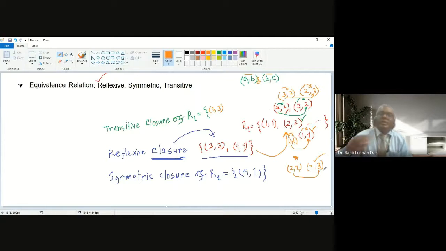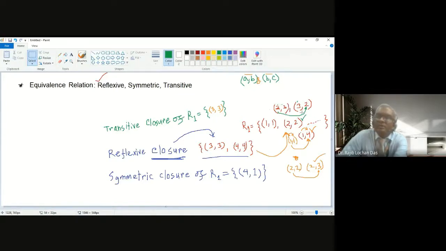So actually all other necessary things are present. Only 3, 3 is needed to be transitive. If you have 3, 3 in this relation, then you can say this is a transitive relation. So we will check what is missing for being transitive.